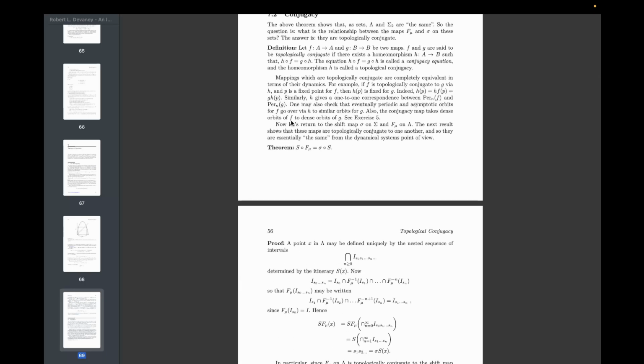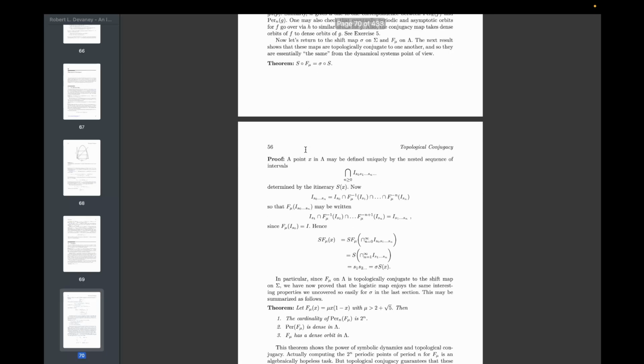And they say that when you compare it to the sequence space, it's a lot easier to analyze the dynamics.